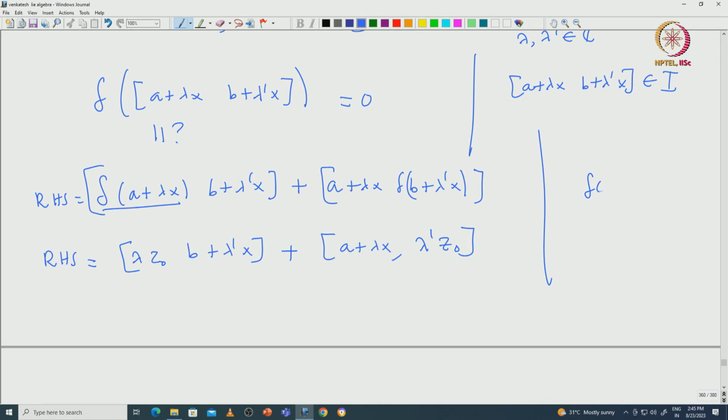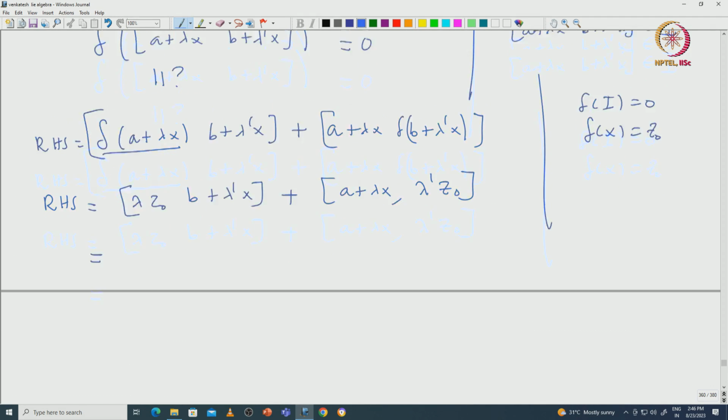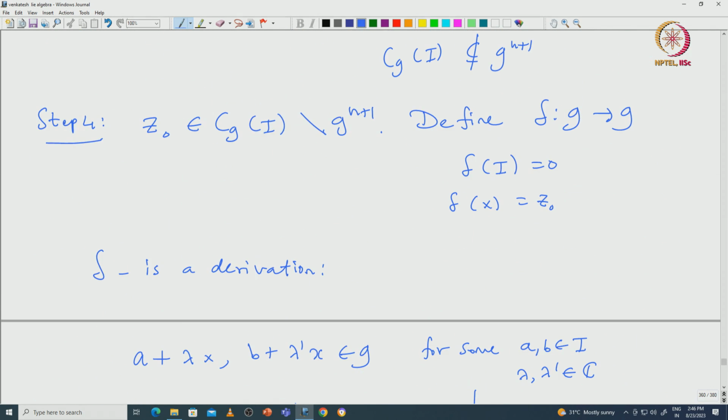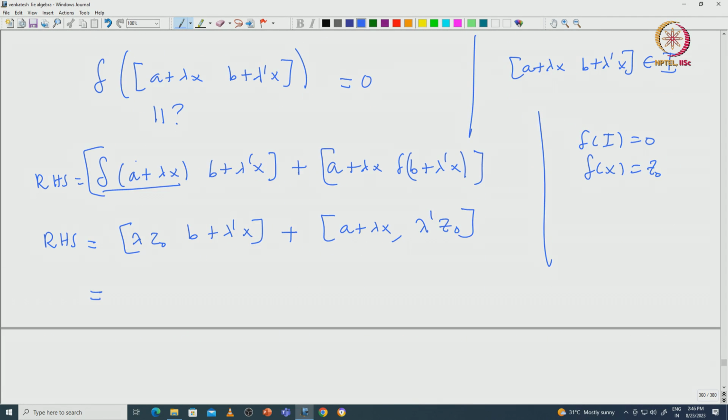So, recall delta of x is z naught and delta of I is 0. So, that is how delta is defined. So, that forces that this is equal to, note that this z naught is coming from the centralizer of I. So, in particular z naught bracket b will be 0. So, then it will give me lambda dash bracket z naught comma x.